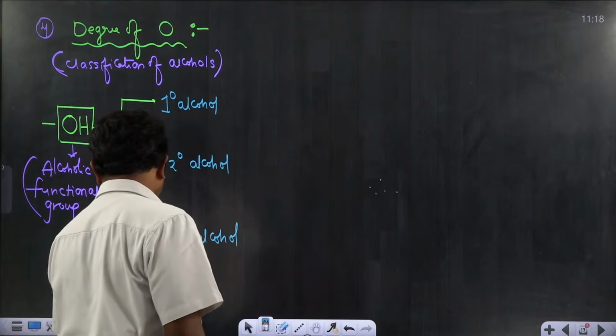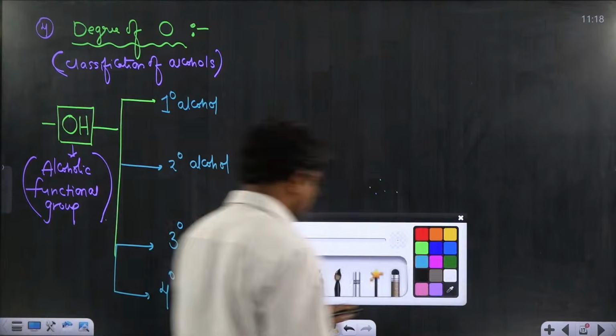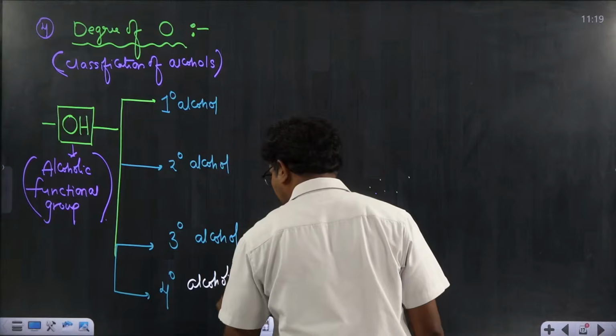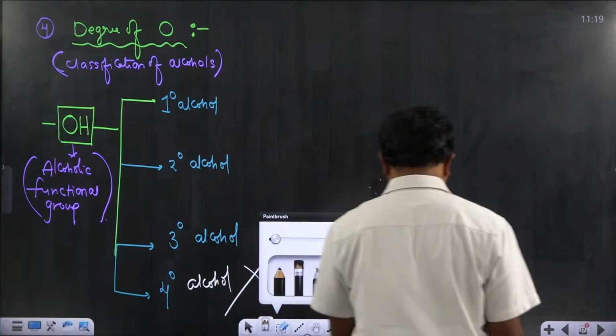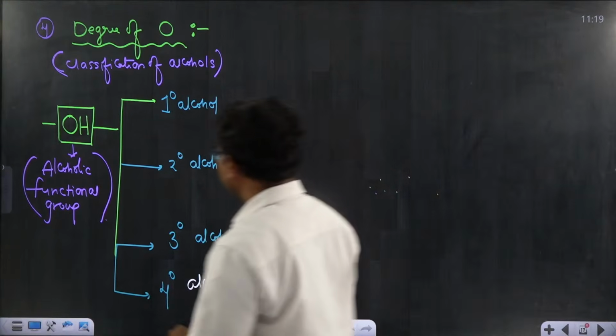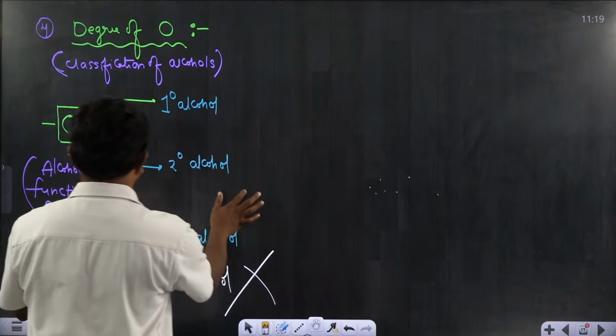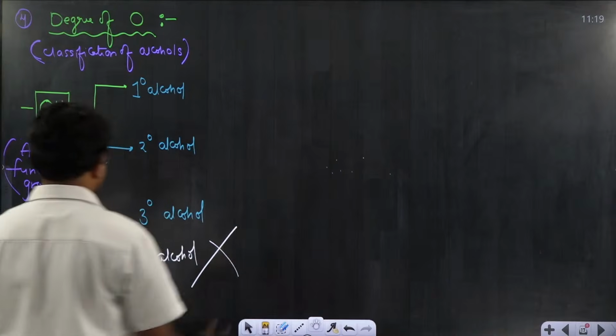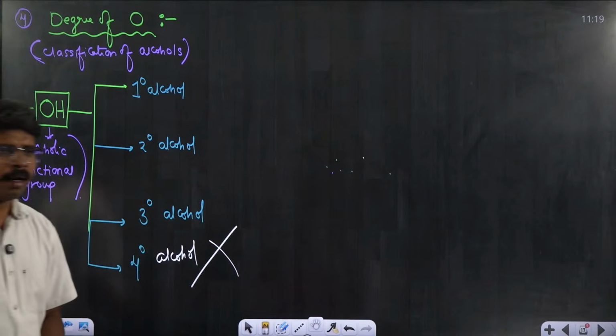I think you can easily give this answer. We don't have such a thing as quaternary alcohol. After giving the definitions of primary, secondary and tertiary alcohols, you will come to know about the existence of quaternary alcohol.